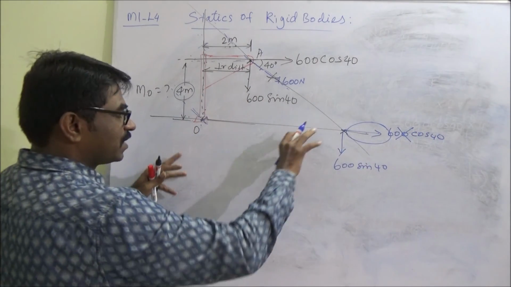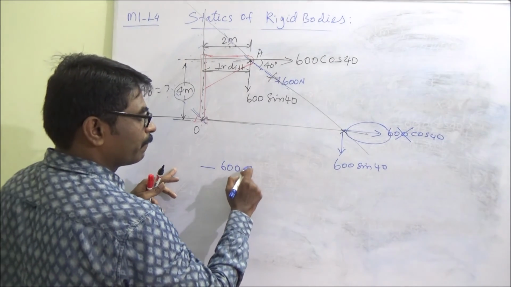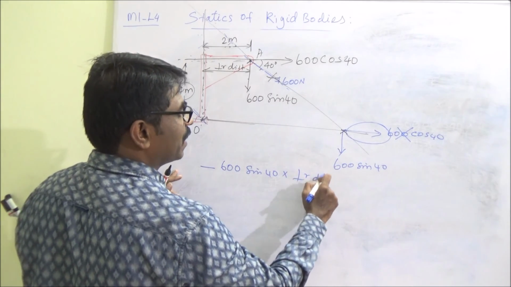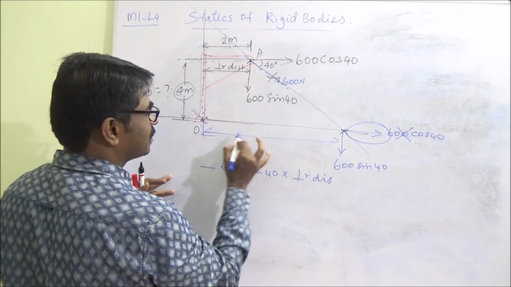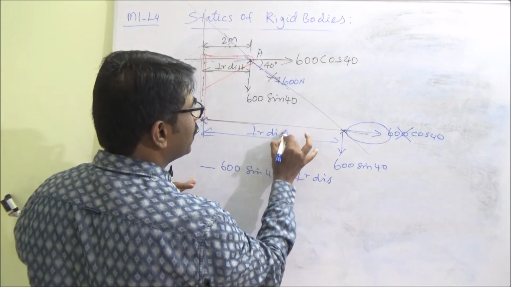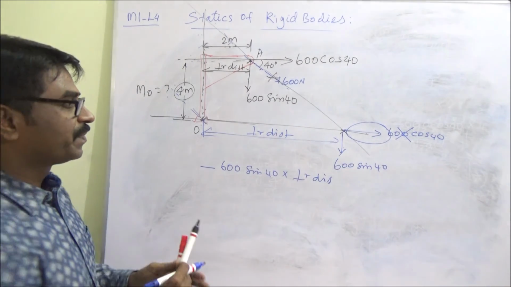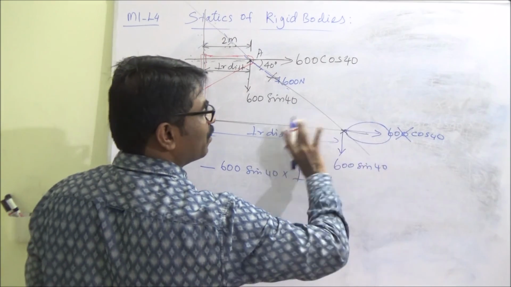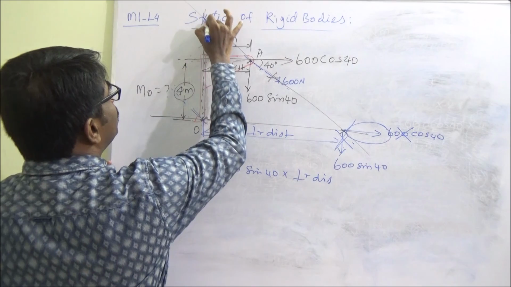Only this force produces a clockwise moment, so it will be 600 cos 40, but the perpendicular distance we have to calculate again from the diagram. So that is tedious here, so we can avoid that, but we can solve that way also. By the same token, forgetting about all these forces now, we can put it here where this point meets.